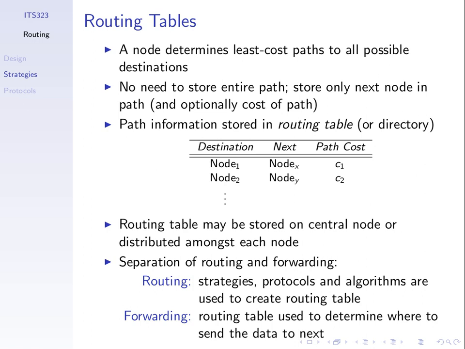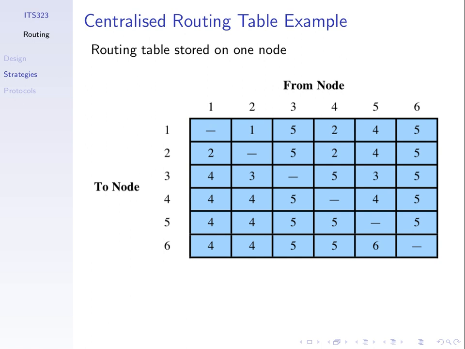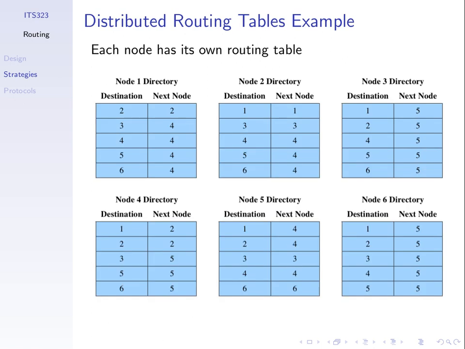And now we distinguish between routing and forwarding. The process of creating these tables, putting the information into the tables, we'll refer to as routing. That is, finding the least cost paths and then populating these tables with data. That's normally the role of a routing protocol.